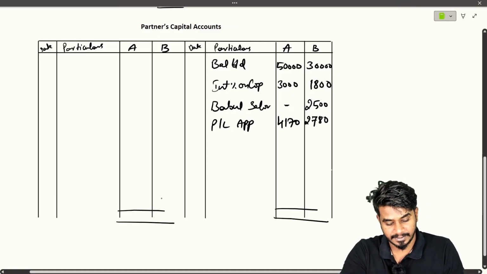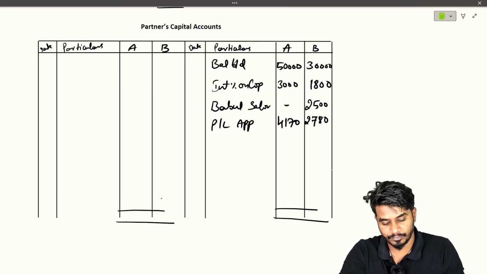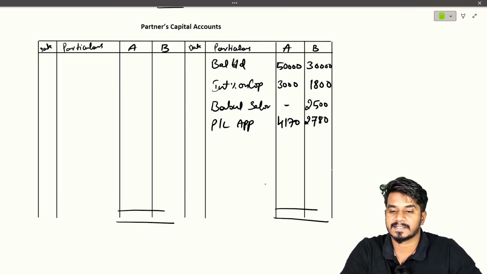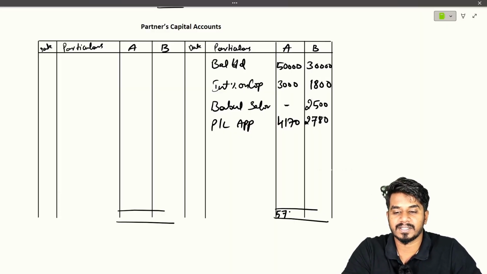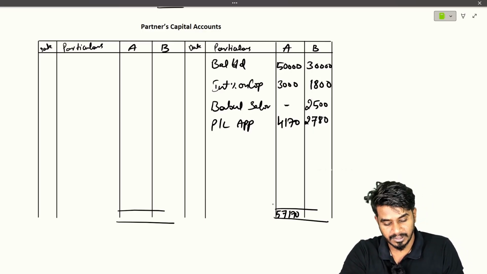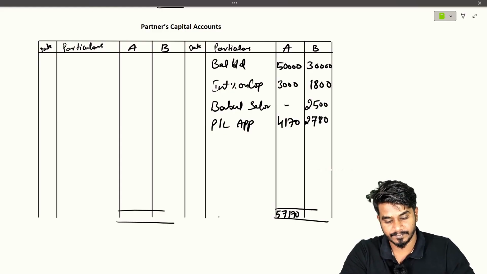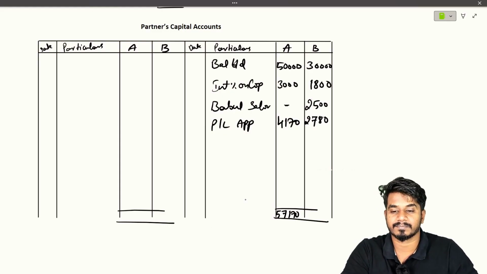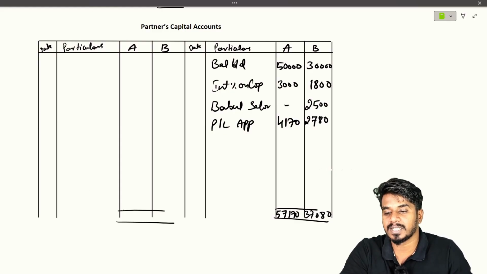50,000 rupees plus 3,000 rupees plus 4,170 is 57,170 rupees. And next for Bubble, 30,000 plus 1,800 plus 2,500 plus 2,780 is 37,080 rupees.